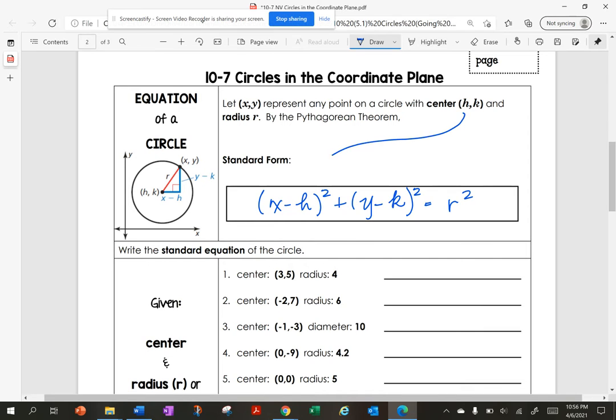So the center is at (h, k) and the radius is r squared.